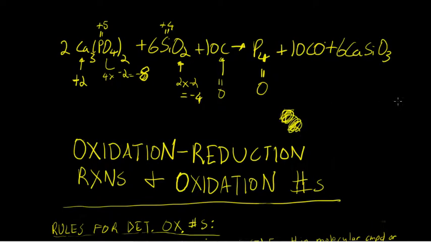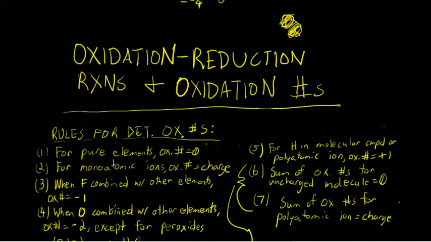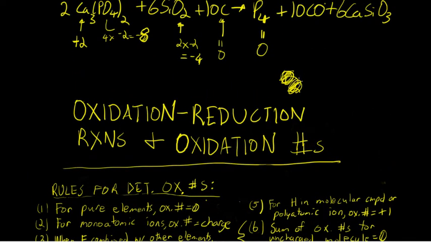I guess that's where this rule here for pure elements, oxidation number 0, overrides this one, where it says when oxygen is combined with other elements, oxygen's oxidation number is -2 except for peroxides. Well, actually I shouldn't have said that, because in this case when you have O2, oxygen is not combined with other elements.